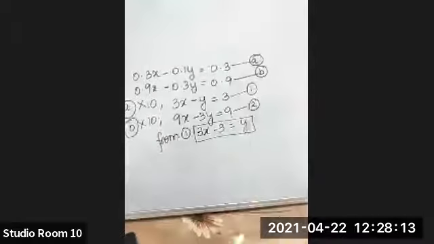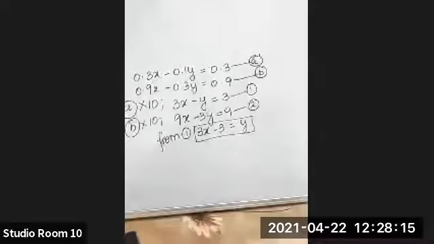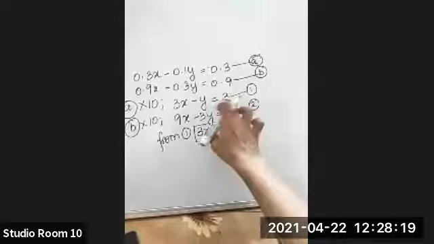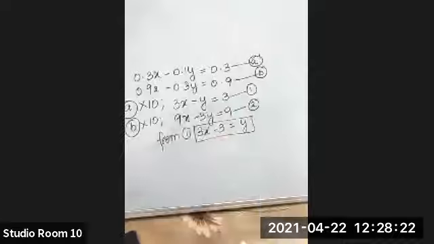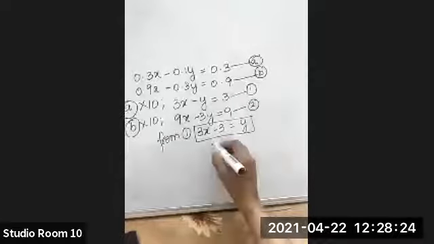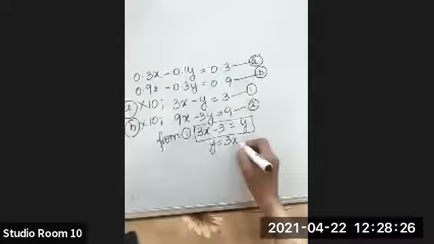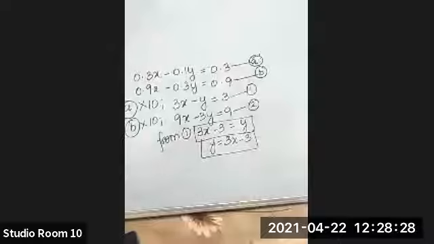Negative y, if you take to the other side, it will be positive y. And plus 3, if you take to the other side, it will become minus 3. So we are getting y is equal to 3x minus 3. This is from the first equation.